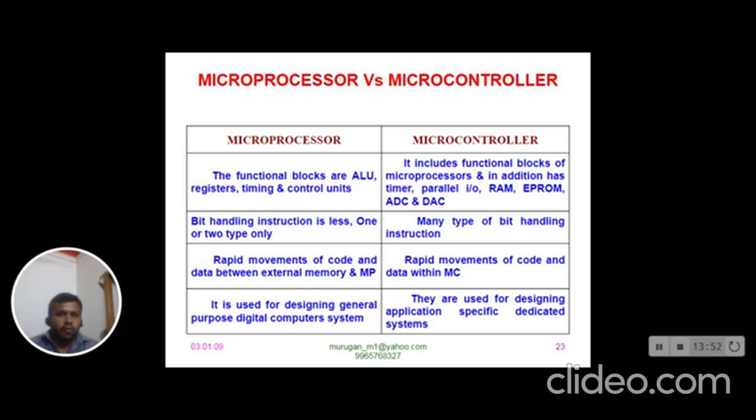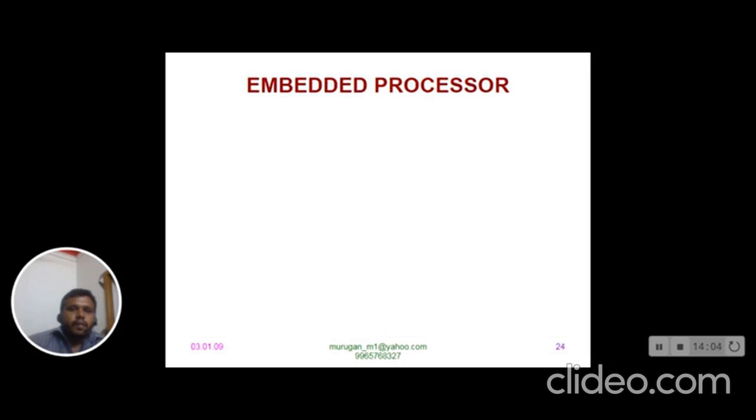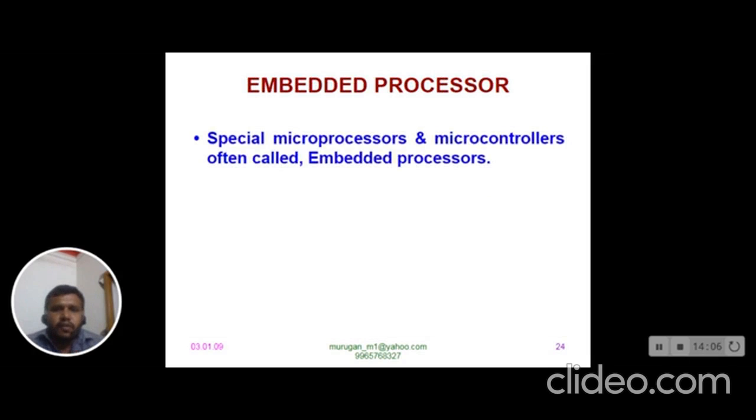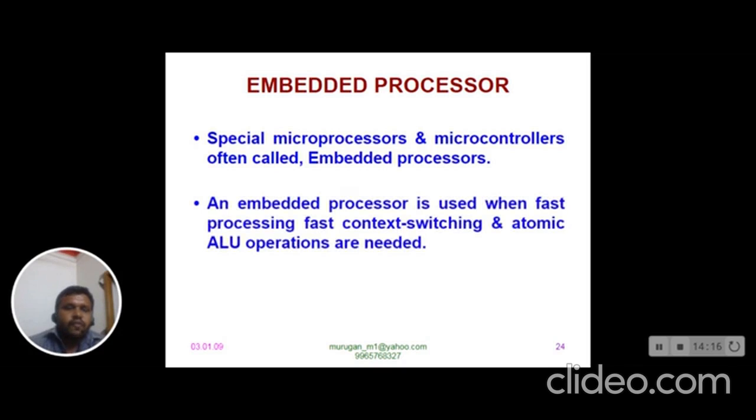It is used for a specific application and specific programming, so it gives a specific line for the embedded products. Embedded processor: the embedded processor is a special microprocessor and microcontroller, so it is often called an embedded processor. It is different from a microprocessor and a microcontroller.